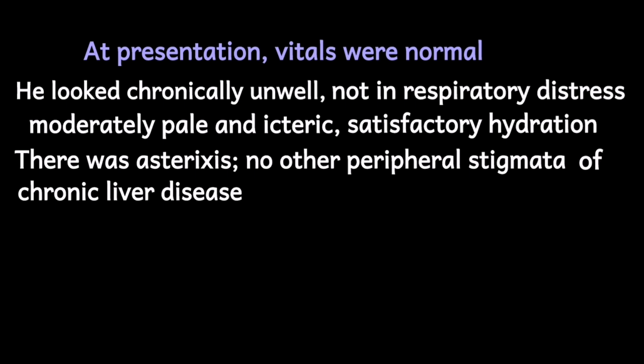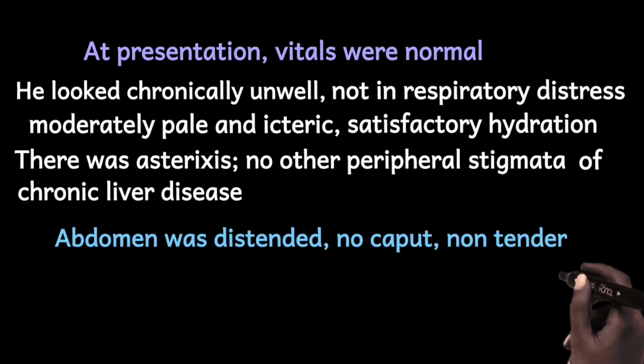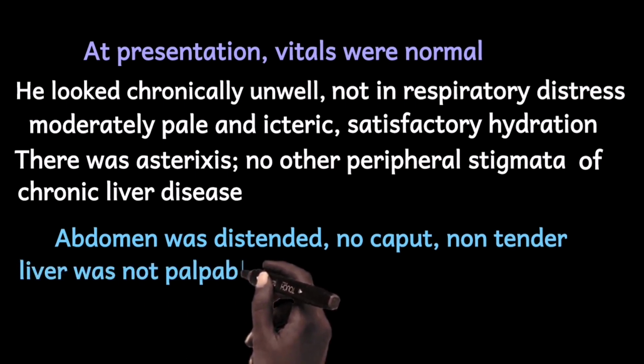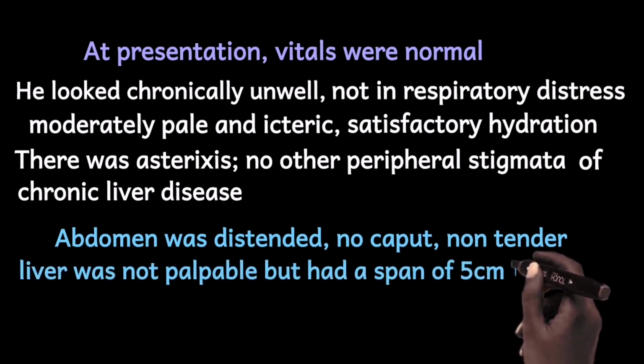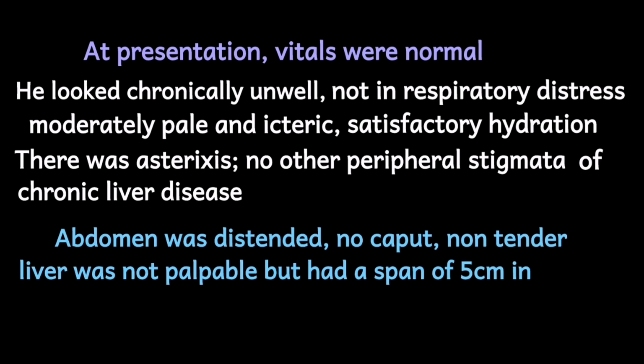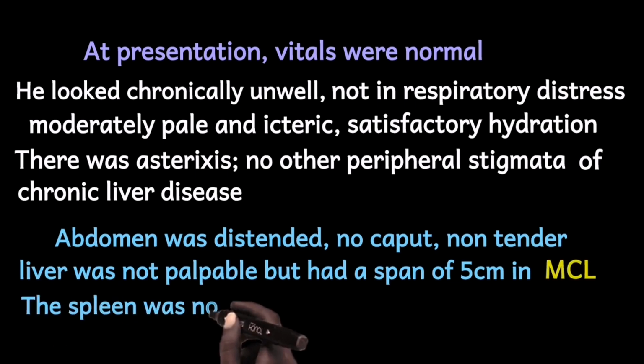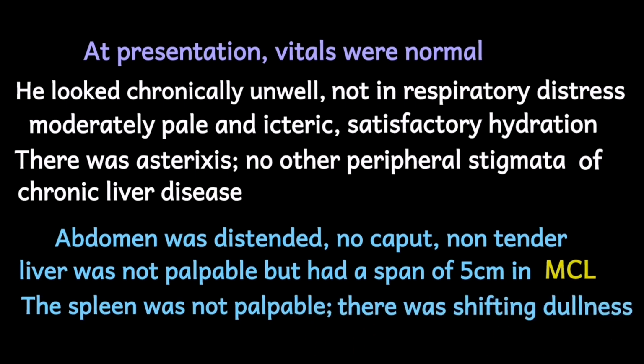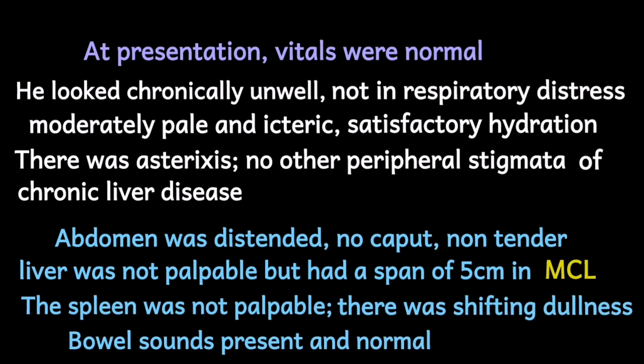The abdomen was distended. No caput medusae. It wasn't tender. The liver was not palpable, but had a span of 5 centimeters in the right mid-clavicular line. The spleen was not palpable. There was shifting dullness. The bowel sounds were present and normal.